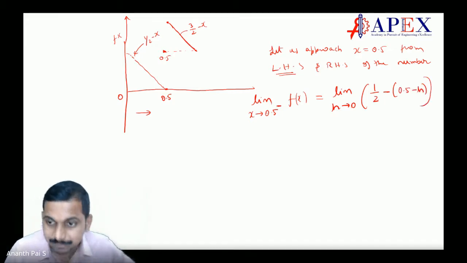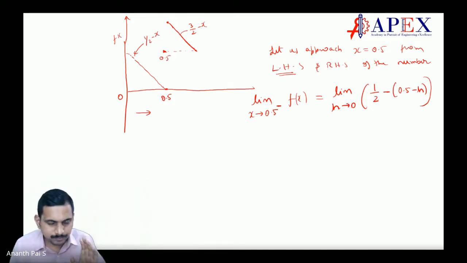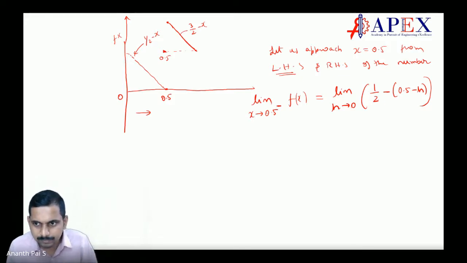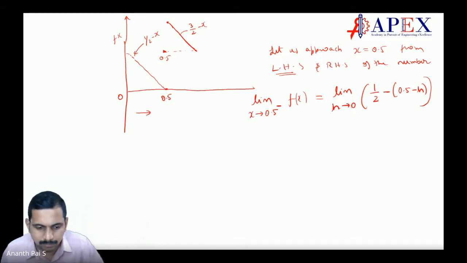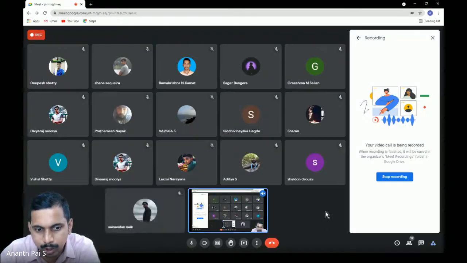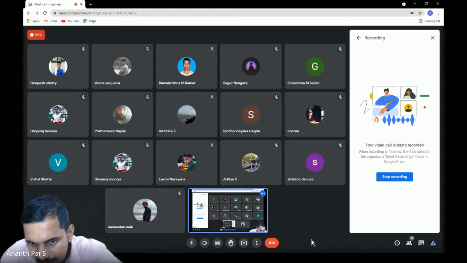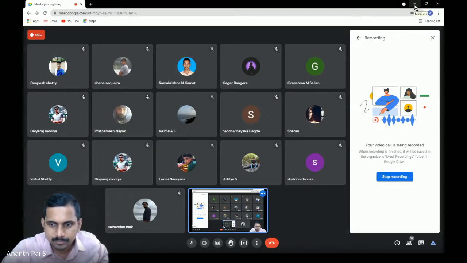Am I making sense here? Any doubts? This is basic. Sometimes from PUC we have it in our mind that we do not know this, and that creates a bit of inferiority complex in us. Yes, Ramakrishna, tell me. Show the slide with 0.5 minus h once again, sir.